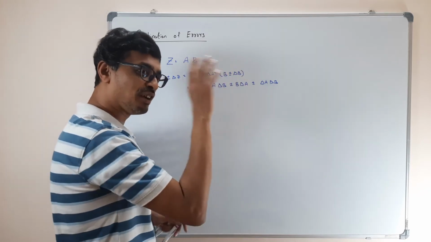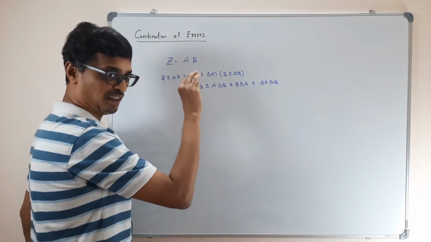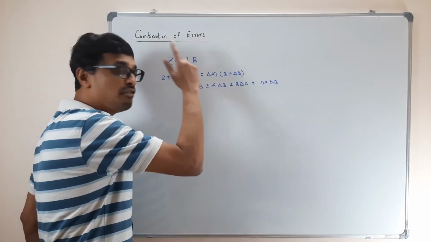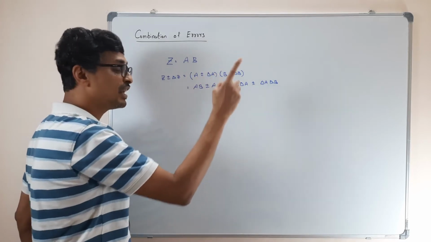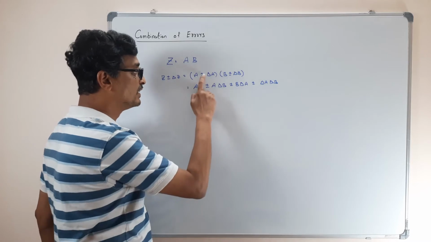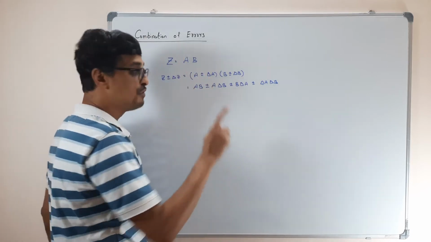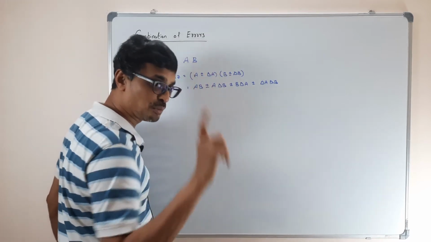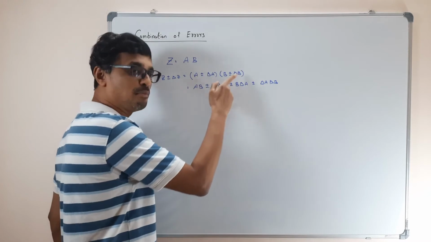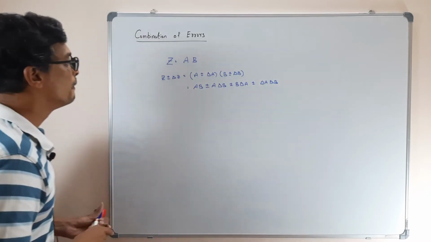Don't go into the mathematical modulus here. What it means is an error can be positive or negative. You can do that only if this is a positive error and this also is a positive error. If this is a negative error, this also should be a negative error. Here we don't have that condition at all. This can be positive and this can be negative. So it should always be plus minus only.